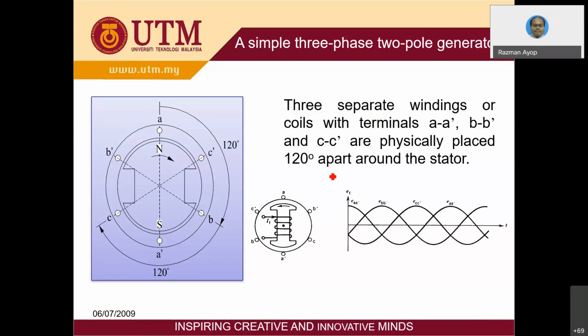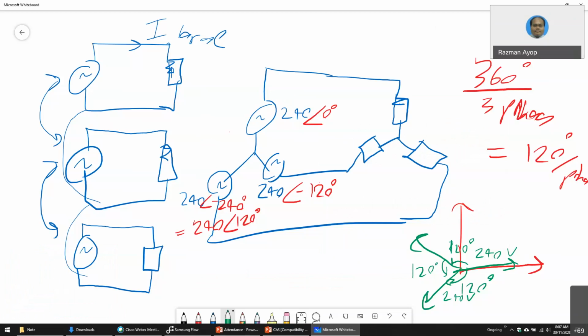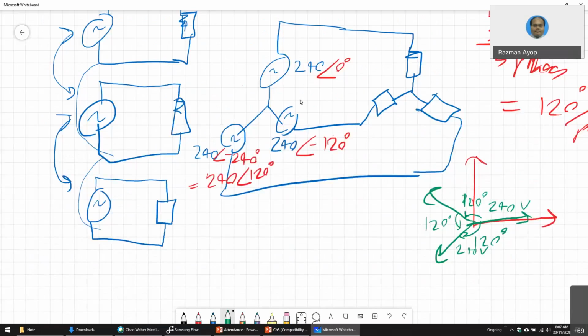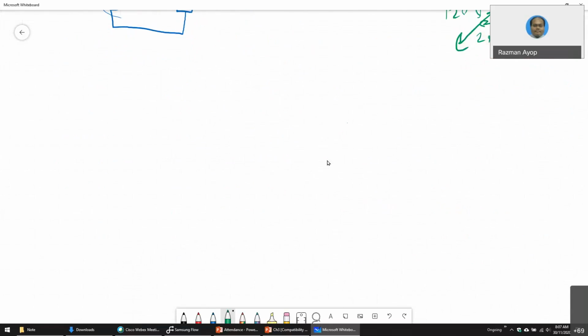What is a stator? You have a generator, you have a motor. The voltage source is basically from a generator. What is a generator? It's just some kind of motor.